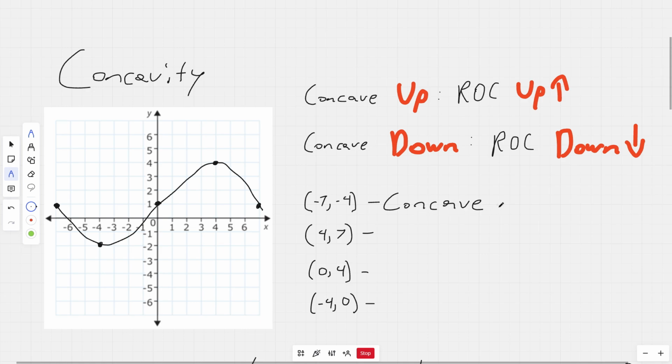So let me erase these points. Concave up. How about 4 to 7? Now this right here really wants to go down, and it is going down. The train stopped, and now it's going the direction it wants to, which is down. So that means that is concave down.